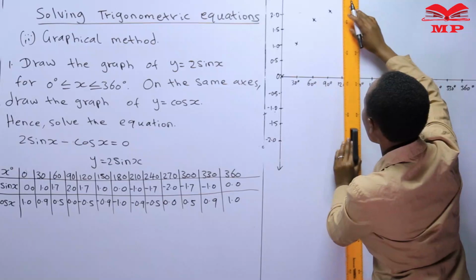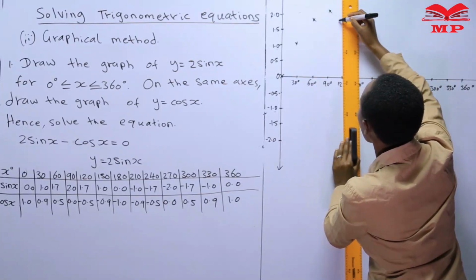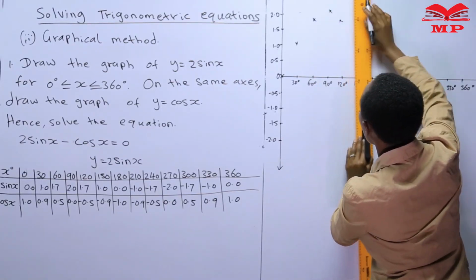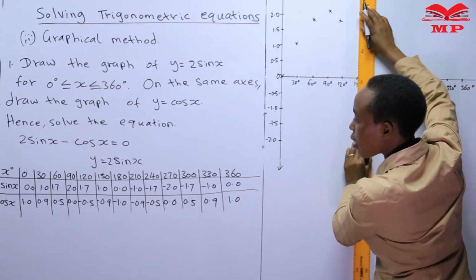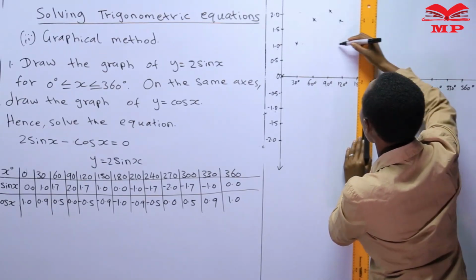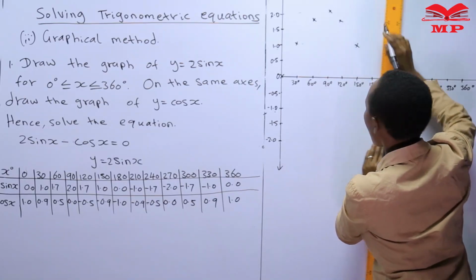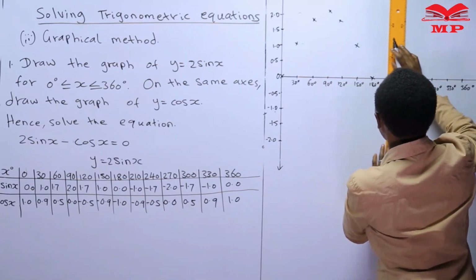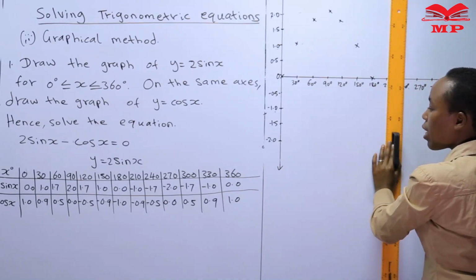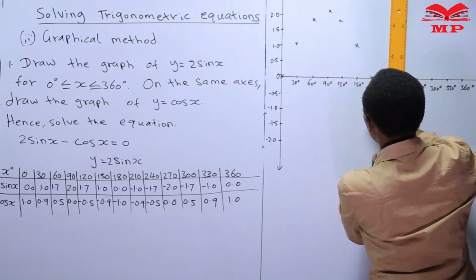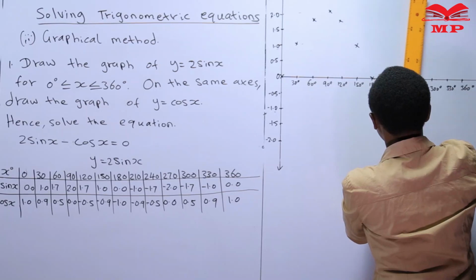Then we have 120, 1.7, again here. Then we have 150, we have our 1 here. Then we have 180, we have 0. Then 210, we have -1. So in this case, we have a point that way.